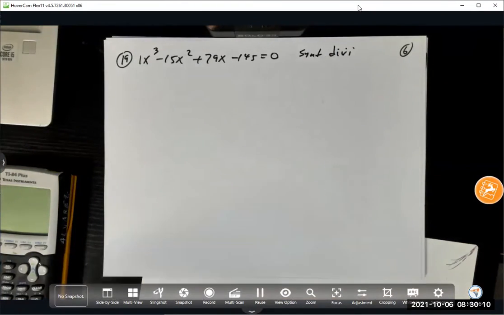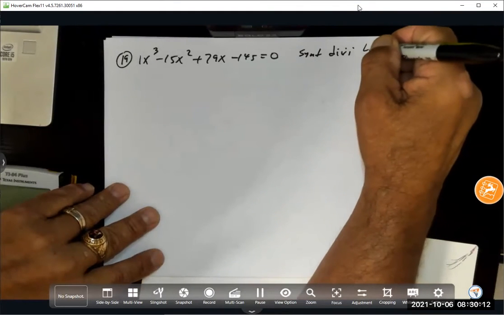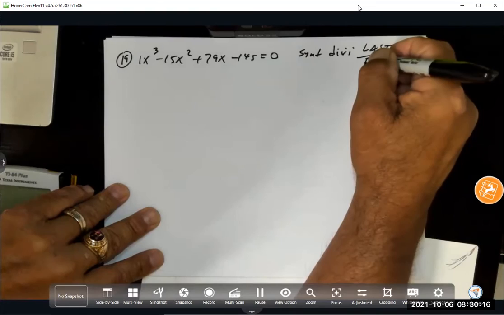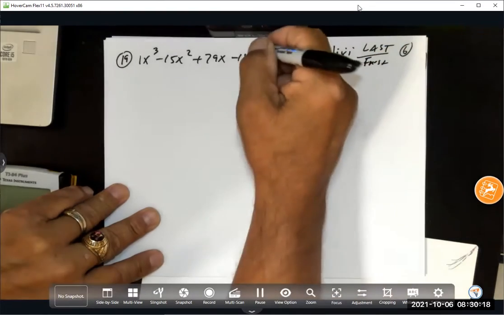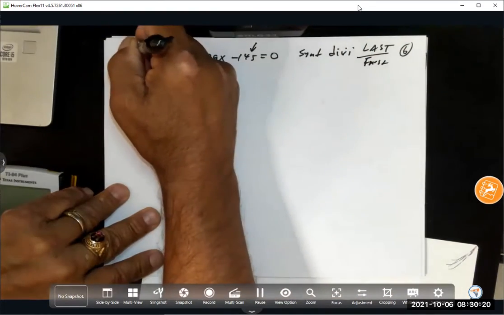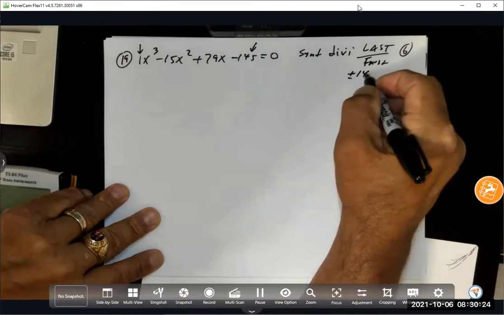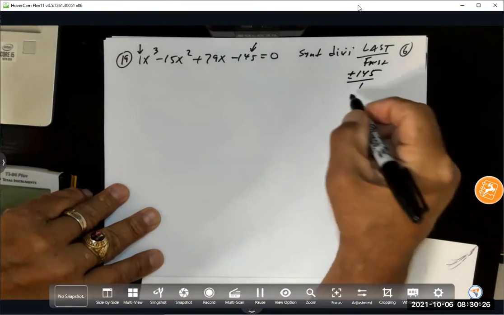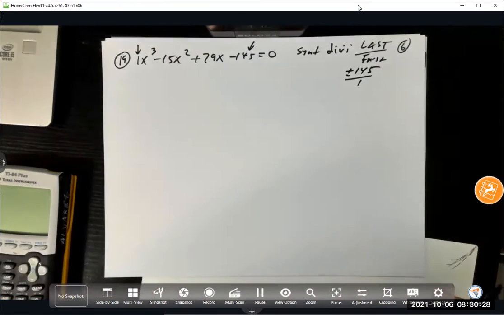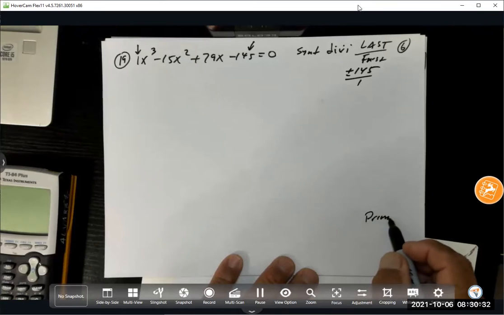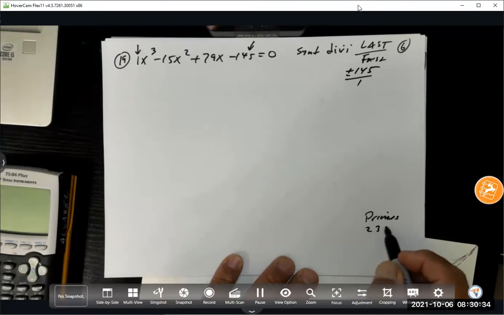So using synthetic division, I need to put the last number over the first number. The last number is this one, and the first number is that one right there. So plus or minus 145 over 1. And numbers that divide 145. Let me think about that. 2, 3, 5, 7, 11.